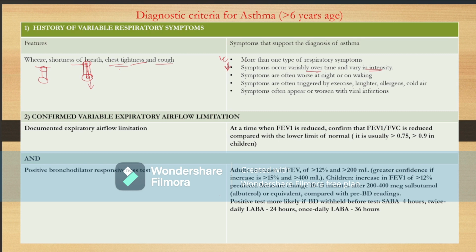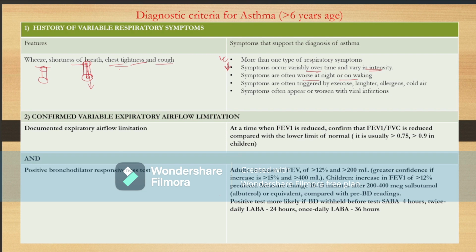With time means the symptoms are worse at night or on waking. That means in the late night, what happens? The parasympathetic nerve activity is increased. As I say, the parasympathetic nerve causes bronchoconstriction. That's why asthma is exaggerated in the late night or early morning.